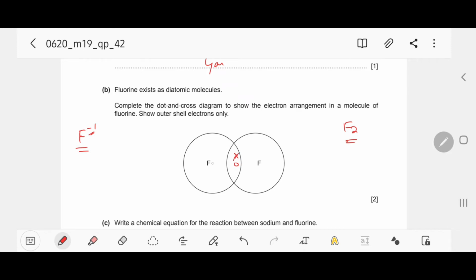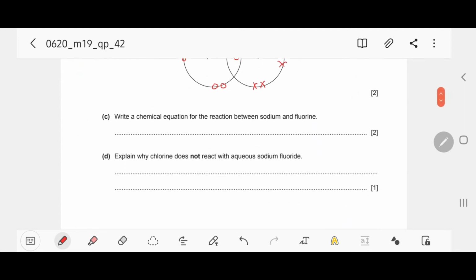Remember, if you choose O for the left fluorine atom, you have to draw O on the others too, and X for the right one. Remember to complete the 8 outer shell electrons to satisfy the octet rule. What is the octet rule? I will be explaining in my subsequent classes.